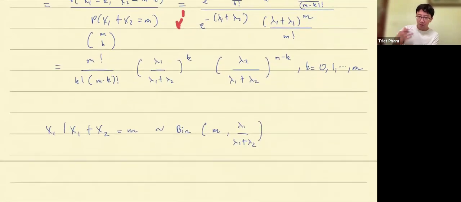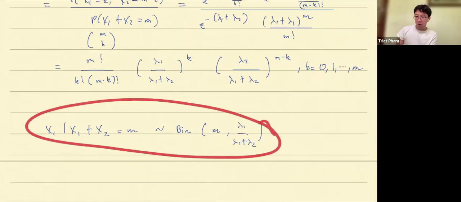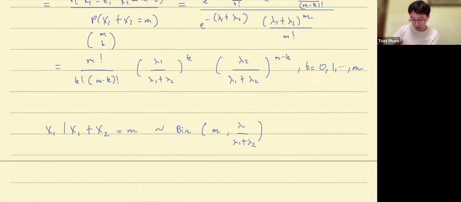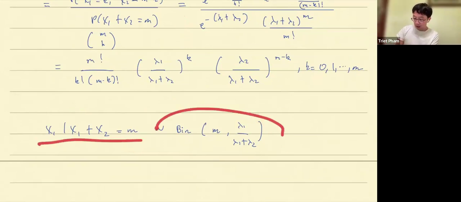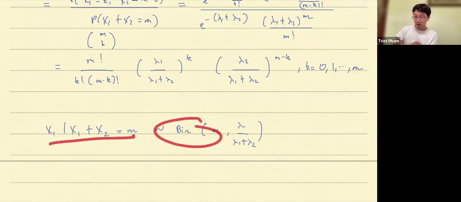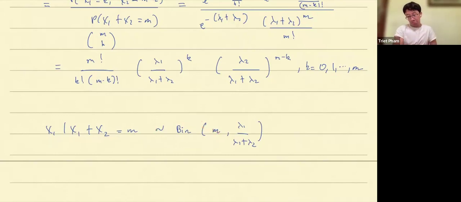But anyway, on the theme of helping with memorization, what is one possible intuition to say that it's reasonable that the conditional distribution is a binomial? Anything we can say about that?